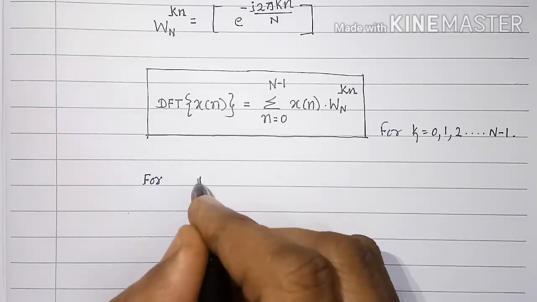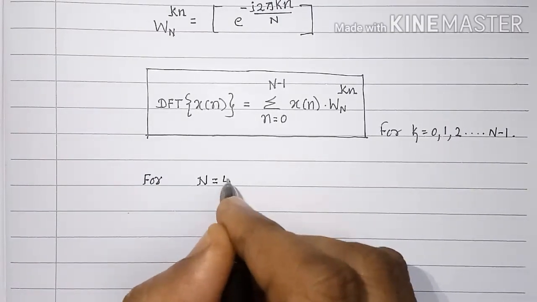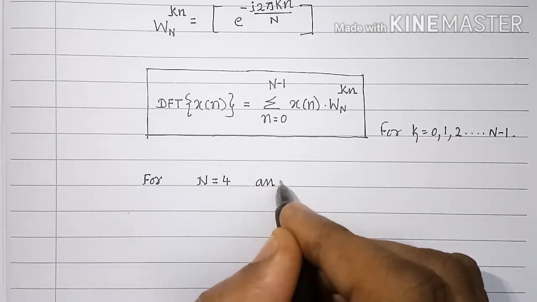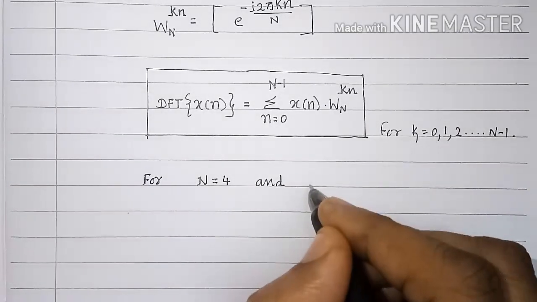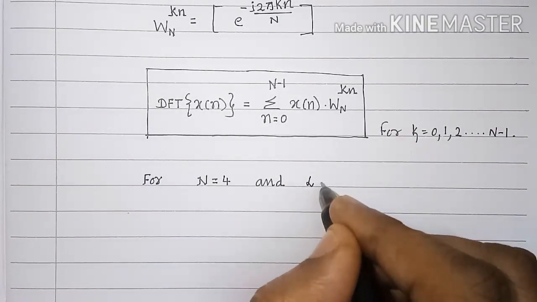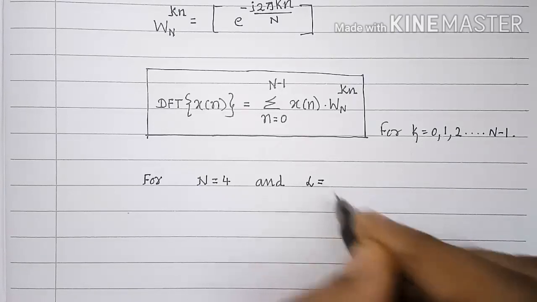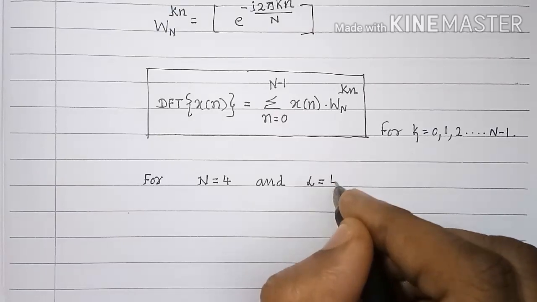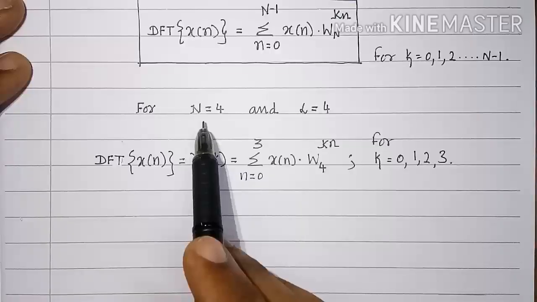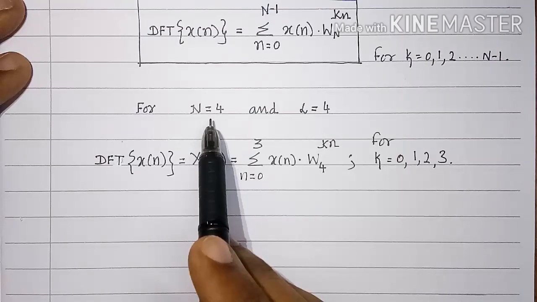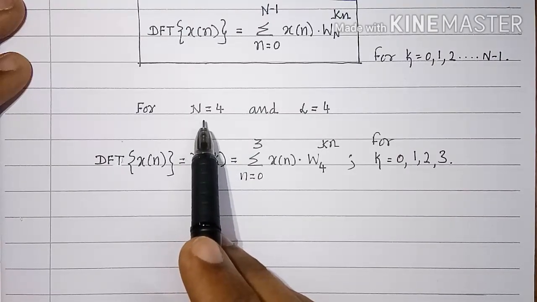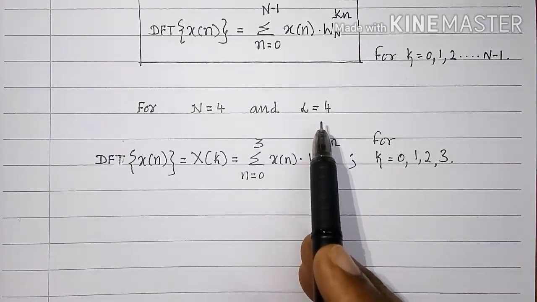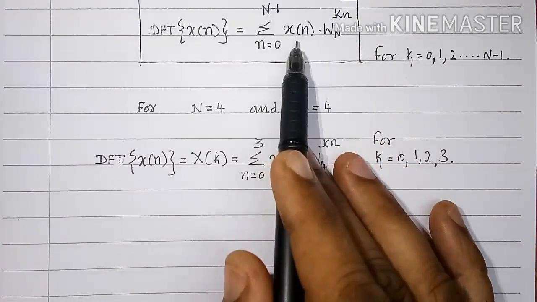For n equal to 4 and L equal to 4, where n equal to 4 tells us we have to compute 4-point DFT, and L equal to 4 tells us the length of sequence x of n.